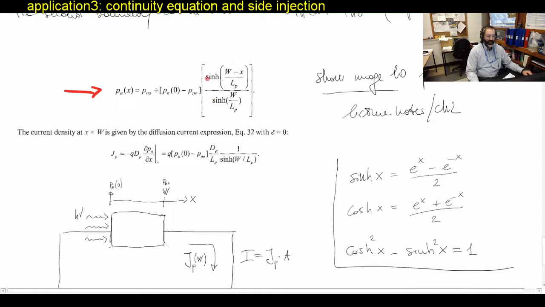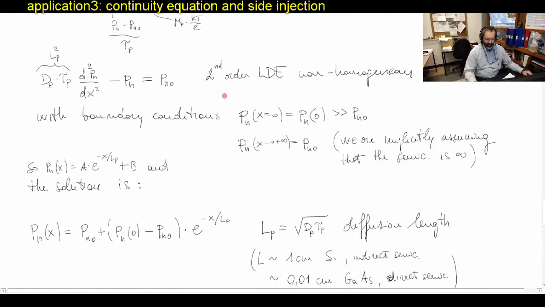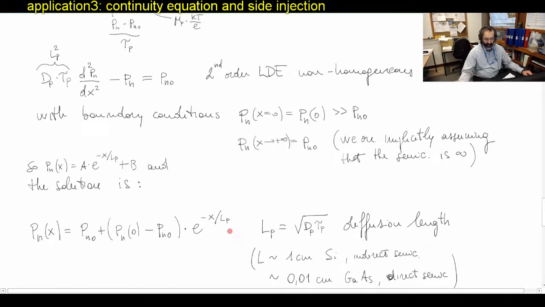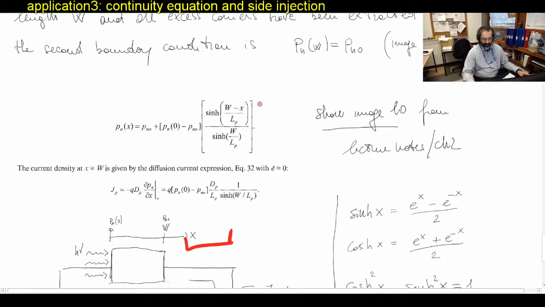So you can see that now the exponential term has disappeared. The exponential term that was here has been replaced by a combination of actual exponential terms, because it's the hyperbolic sine, which, if you remember, is defined like that. So never mind the exact details of this.